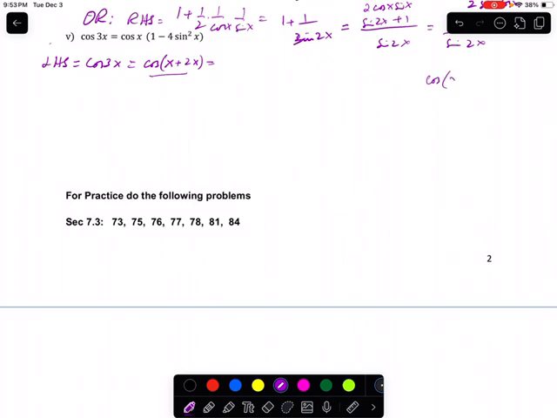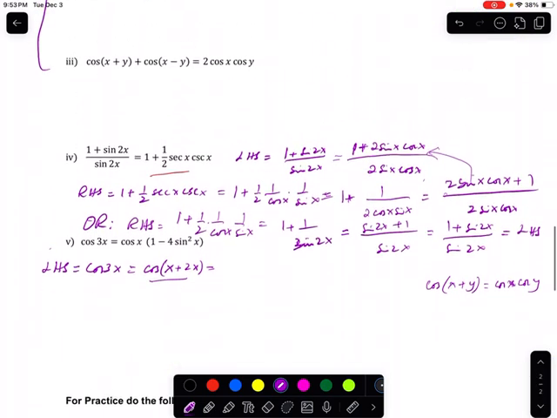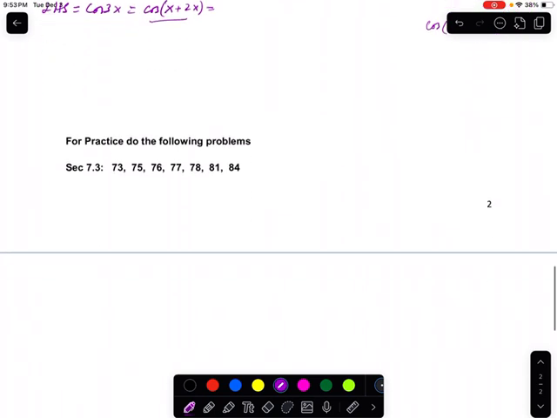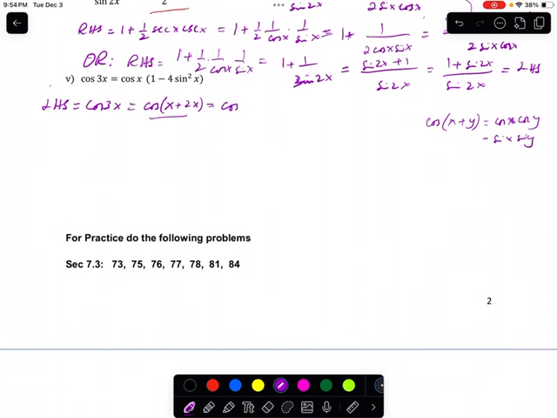If we have cosine of x plus y, the formula was cosine x cosine y minus sine x sine y. So we apply it over here, we get cosine x cosine 2x minus sine x sine 2x.